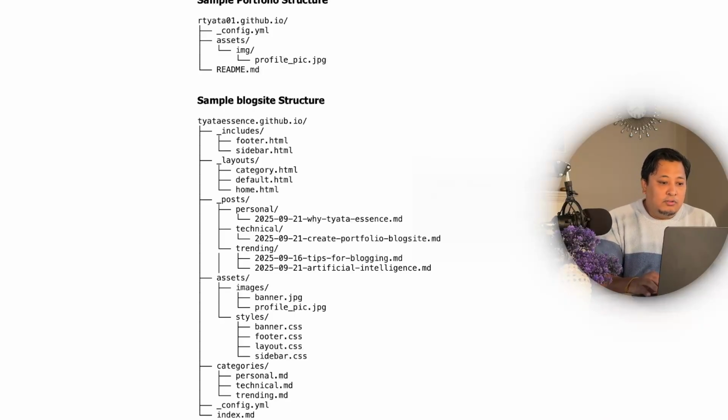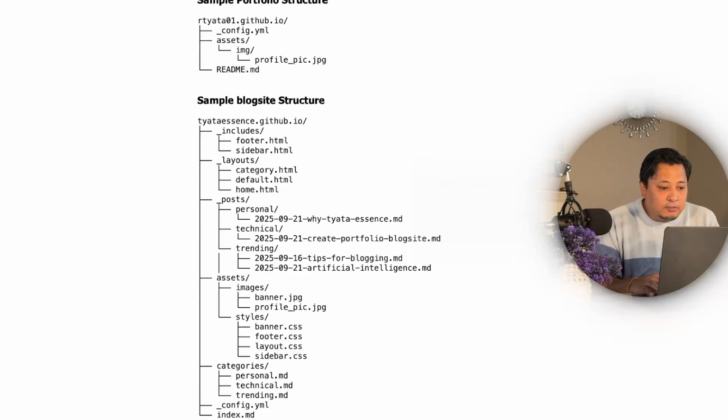Inside this, we have very few files to begin with, right? The first one is the includes folder. The second one is layouts. The third one is posts. All of these are prefixed with an underscore, which means these are the core folders that Jekyll would use when running this website.